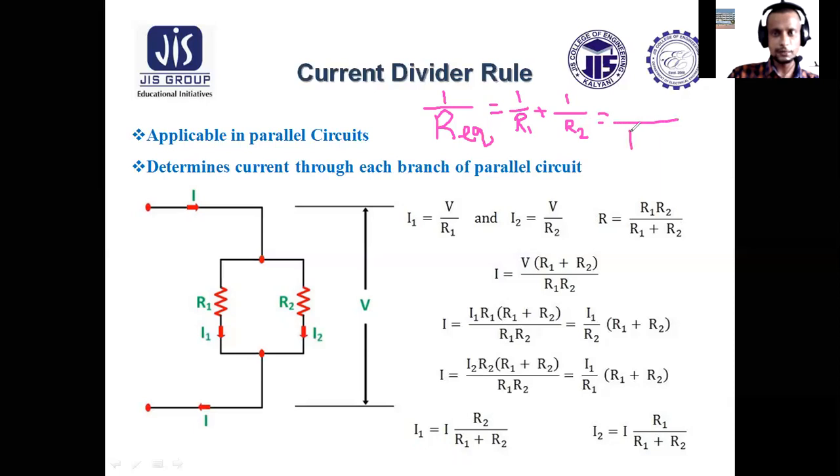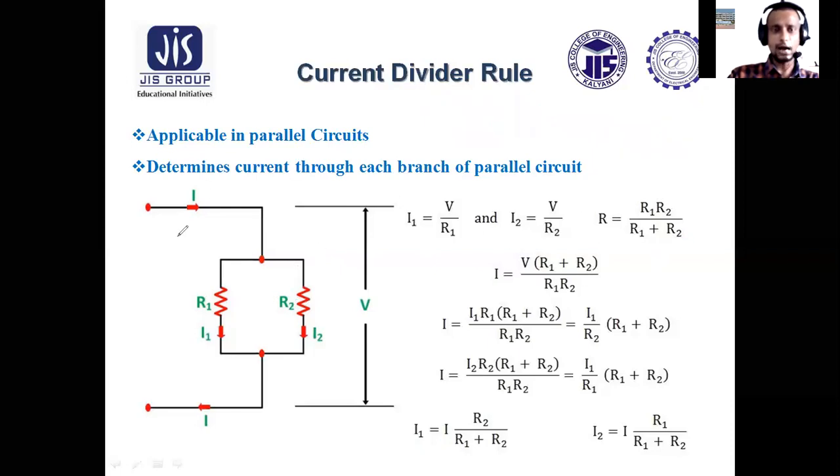After simplification, we'll get Req equals R1 R2 by R1 plus R2. So here the equivalent resistance of this circuit is R1 R2 by R1 plus R2. If two resistances are combined in parallel, the equivalent resistance will be R1 R2 by R1 plus R2. So this is clear now.